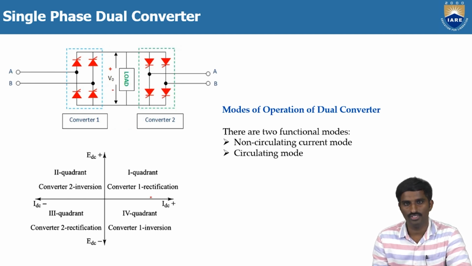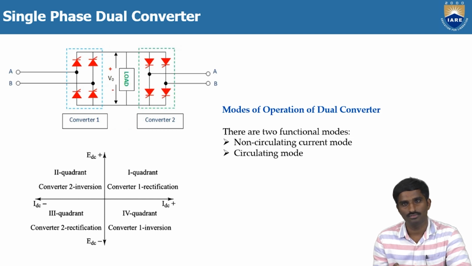Why do we go for this dual converter, and what are its main advantages? In the previous sessions we discussed the single phase full bridge rectifier, which can operate in two regions.